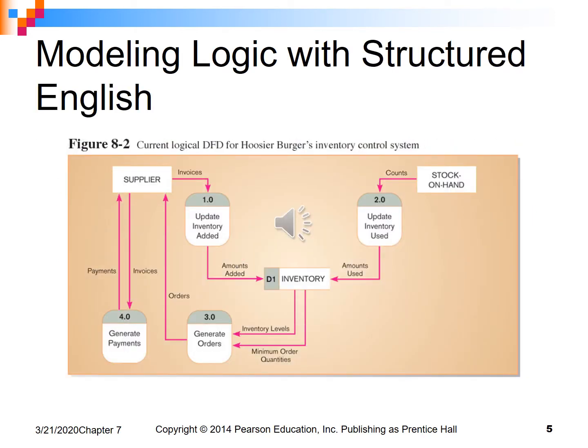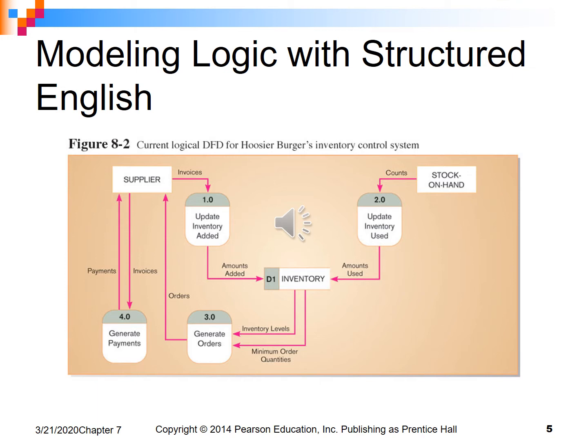If we look at this example, for the House Burger inventory control system, we'll see the level 0 of that subsystem. We see 4 processes: 1.0 update inventory, 2.0 update inventory used, 3.0 generate orders, and 4.0 generate payments.